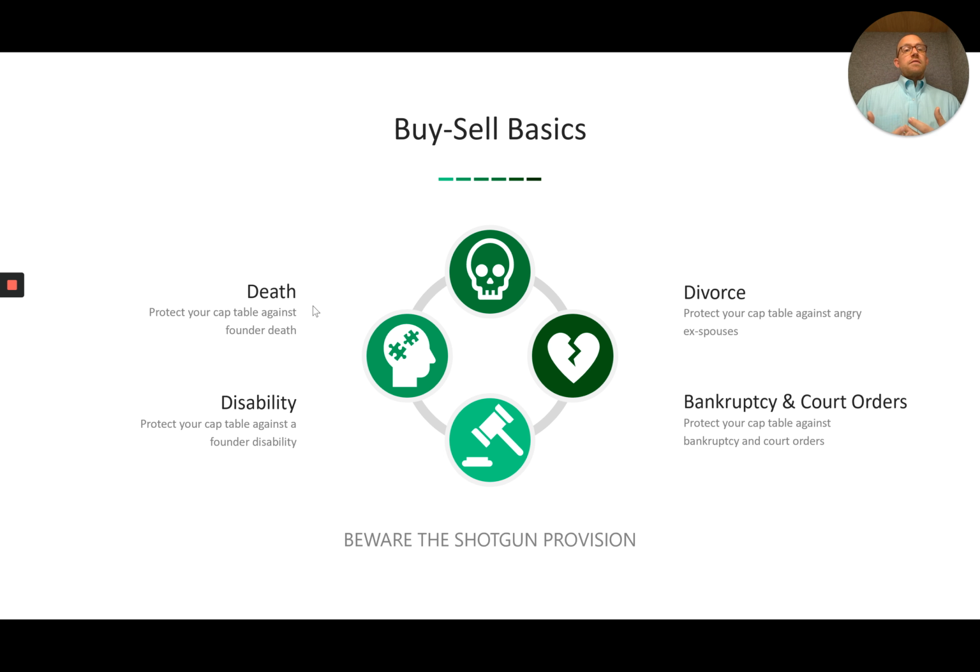And so if a key employee that has significant equity ownership passes away, it's important to be able to take that equity back, free up that space on the cap table so that you can grant more equity to a replacement CEO or a replacement CFO or whatever it may be.